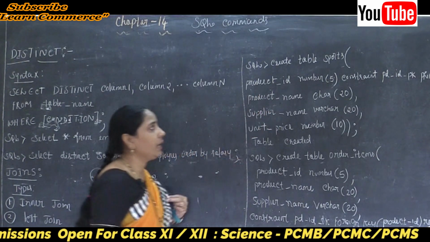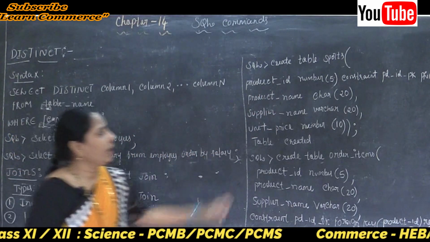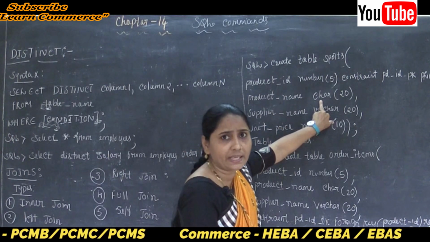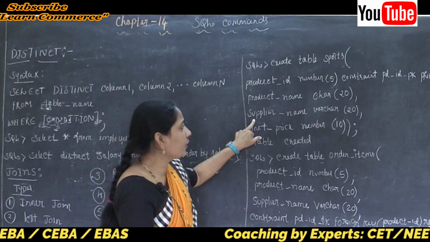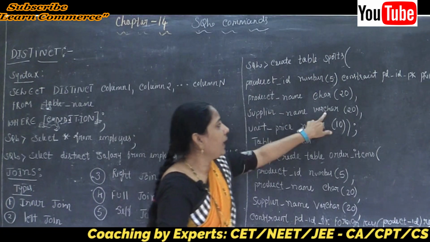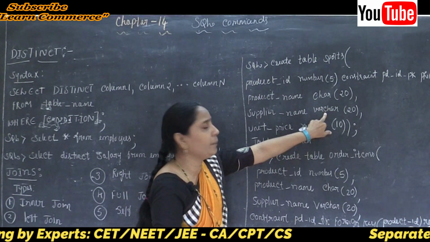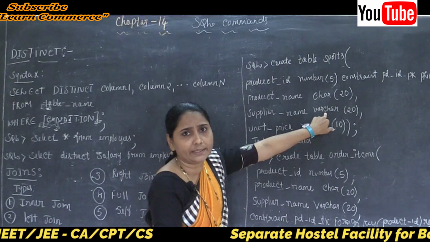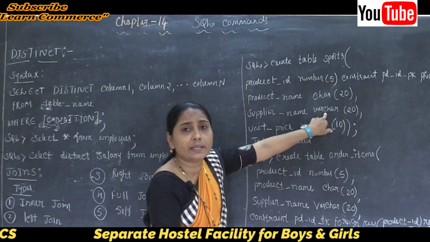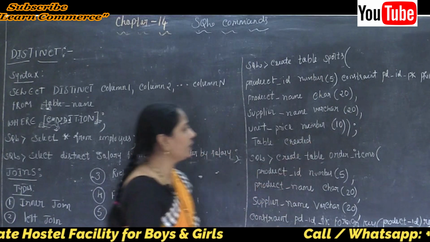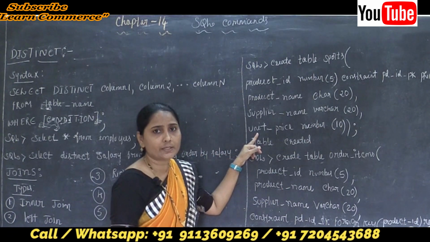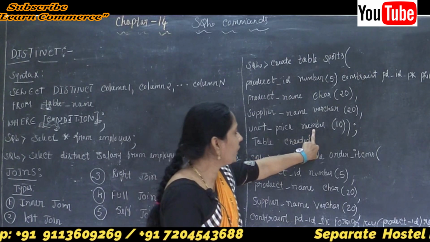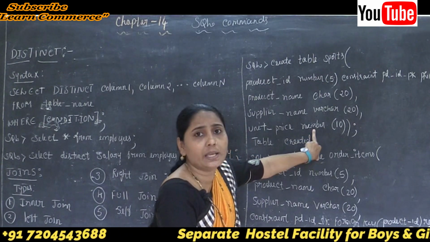Second column name is product_name, and data type is char, and size of the column is 20. Next one, third column, supply_name and varchar, that means in supply name we can use a group of characters. Is this clear? Variable character here, and size is 20. And next column name is unit_price, and we used the data type number.